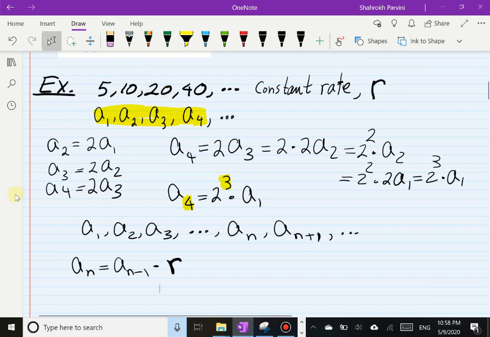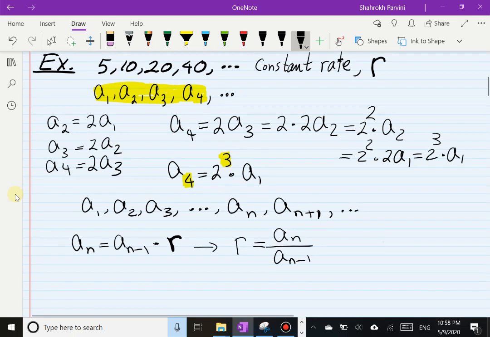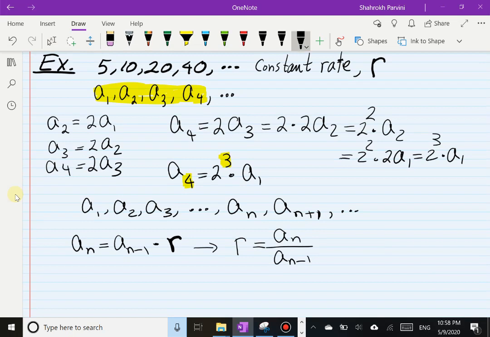I hope you're following so far. Okay, and then from this, if I solve for R, dividing both sides by a sub n minus 1, I get a sub n over a sub n minus 1 is R. Now if I use, let's say, the n plus first term, I can get the n plus first term by multiplying the nth term times r.